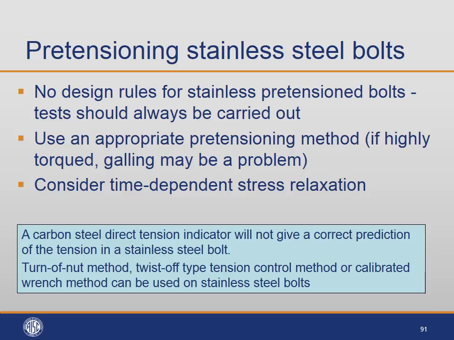Now it's important to do the pre-tensioning in the right way, because if stainless steel bolts are very highly torqued, then you can have this phenomenon called galling. Now galling isn't thread stripping, it happens when you have surfaces that are under load and in relative motion, and it can be called cold welding, but some sort of local adhesion occurs.